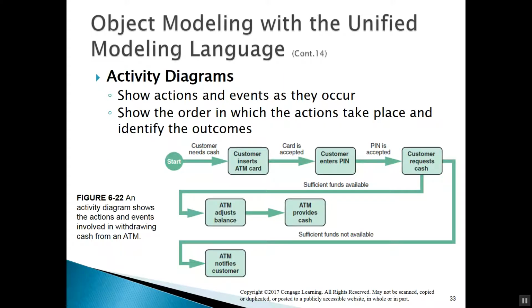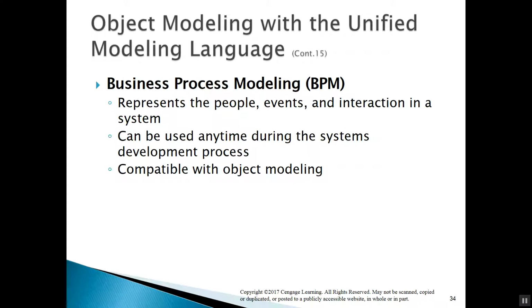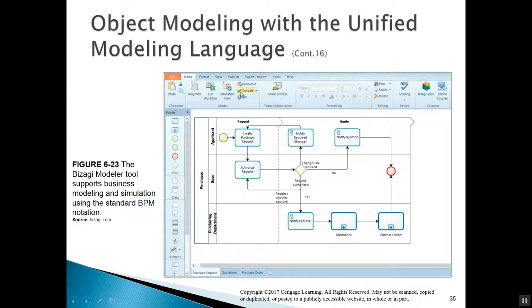There are activity diagrams showing what's taking place step by step, showing the order of the actions, and identifying the outcomes associated with the actions. All right, so we've got business process modeling, and that will look similar to what we had in the data flow diagram, in that we've got processing.